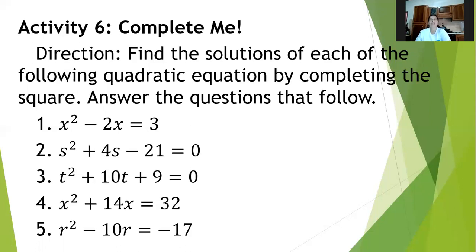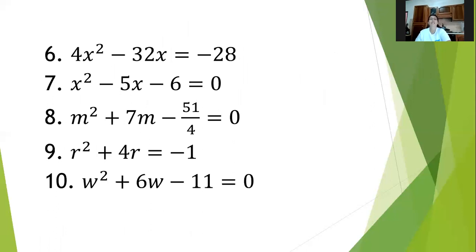Number 3, t squared plus 10t plus 9 is equal to 0. Number 4, x squared plus 14x is equal to 32. Number 5, r squared minus 10r is equal to negative 70. Number 6, 4x squared minus 32x is equal to negative 28.